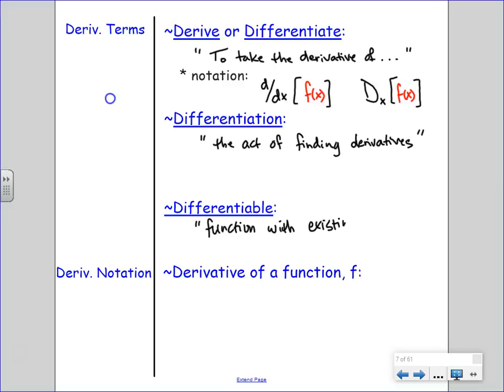Or we could say a function able to be derived, but some functions can be derived at many places but not at another place, kind of like how many functions are continuous but have a discontinuity. Many functions are differentiable almost everywhere but have a few places where they're not.